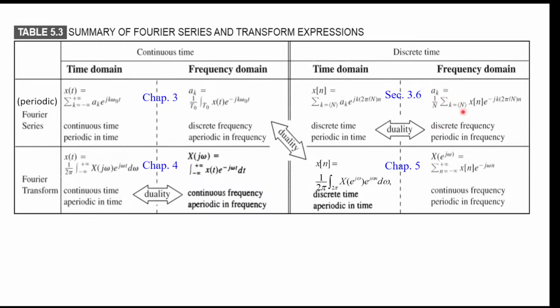In this case, we see that there is a very strong symmetry or duality between x of n and a sub k, because we think of a_k as also a discrete-time signal in terms of k, so both x of n and a_k are periodic with period big N. This is why it is also called the discrete Fourier transform, and that's a bit confusing because there is also the discrete-time Fourier transform, which is the chapter 5 case.